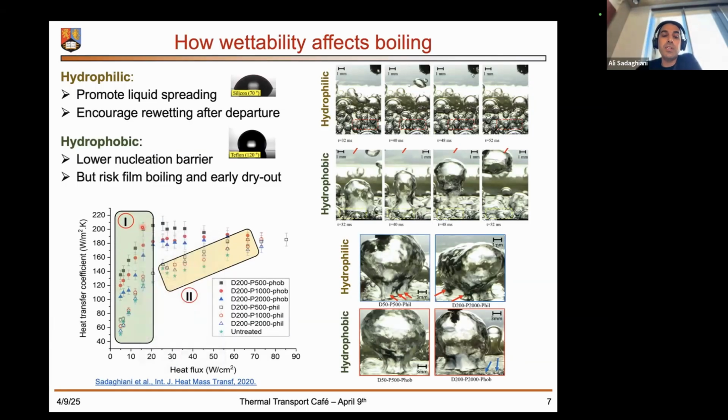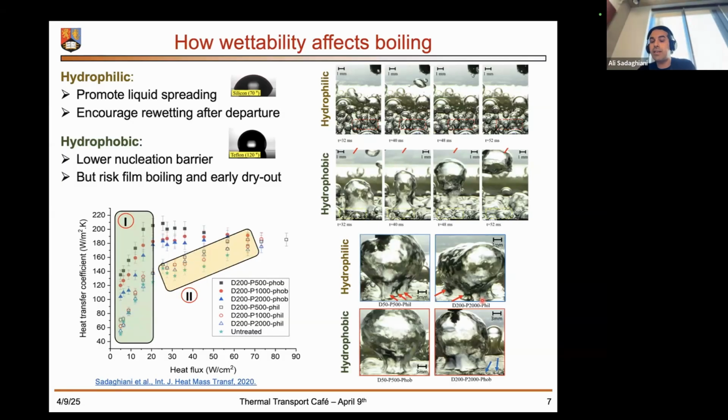On hydrophobic surfaces, what we observe is a constant performance. Although it is declining, we can say it is constant because the boiling cycle is steady for a wide range of heat fluxes. And on hydrophilic surfaces, what we observe is a gradual increase in the performance.